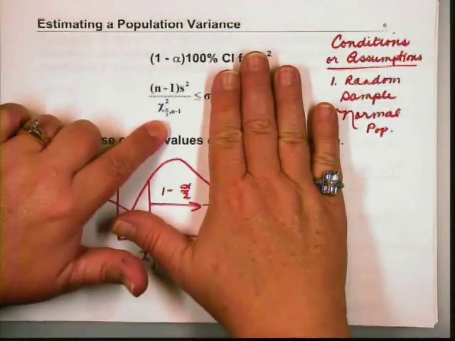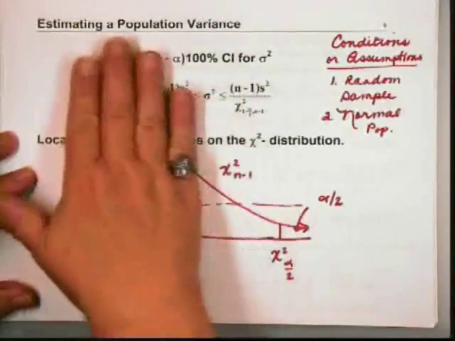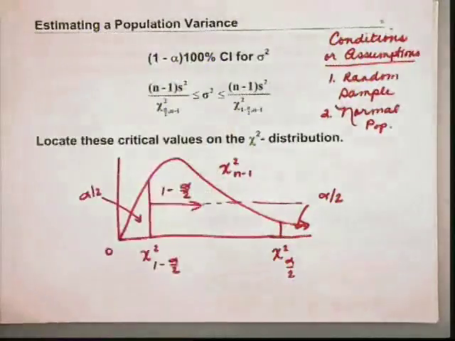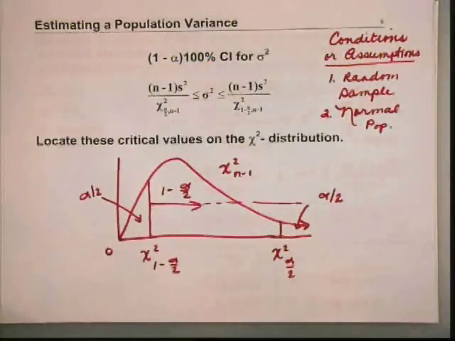All right? You're not going to do alpha over 2. If you wanted confidence upper bound, this is going to be 1 minus alpha. Just like you do in those corresponding hypothesis tests, right? Okay, you're not going to do alpha over 2, so you can get confidence upper bounds and lower bounds for variance as well. I just don't see that done as often.